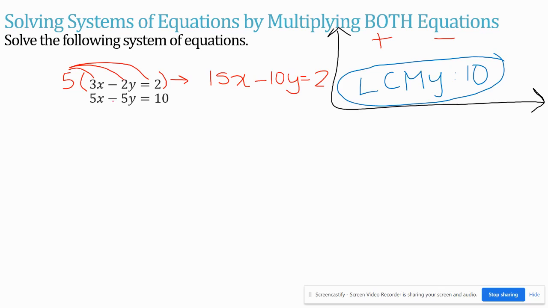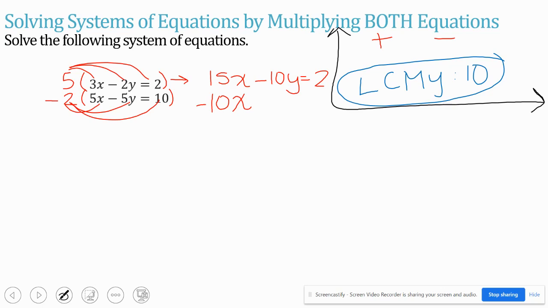Okay. Now the second equation. I want to change this negative 5 into a positive 10. Remember, additive inverses, we need one negative, one positive. So I'm going to multiply this bottom equation. 10 divided by 5 is 2. So I'm going to multiply by negative 2. And watch what happens here. Negative 2 times 5 gives us negative 10x here.